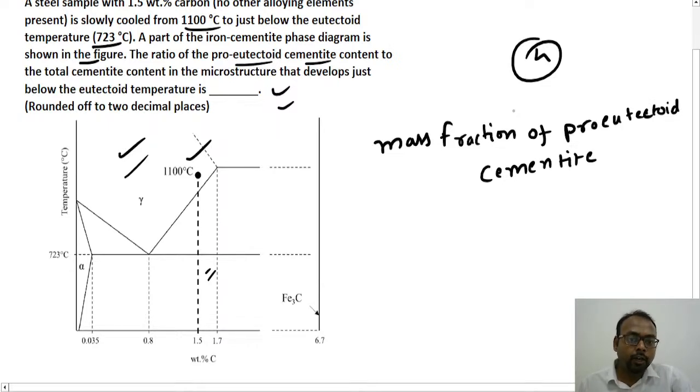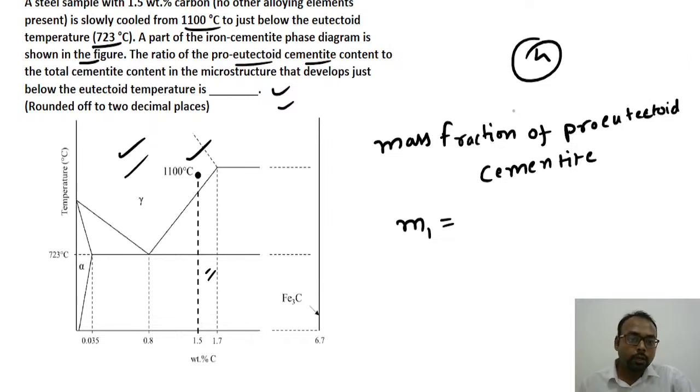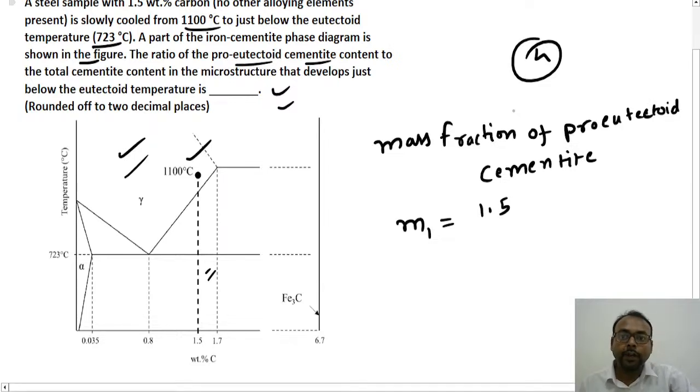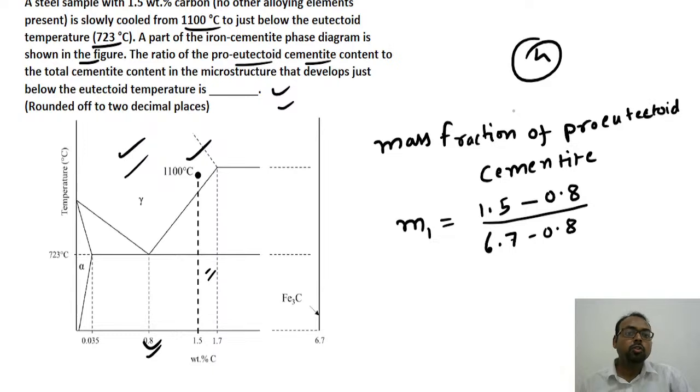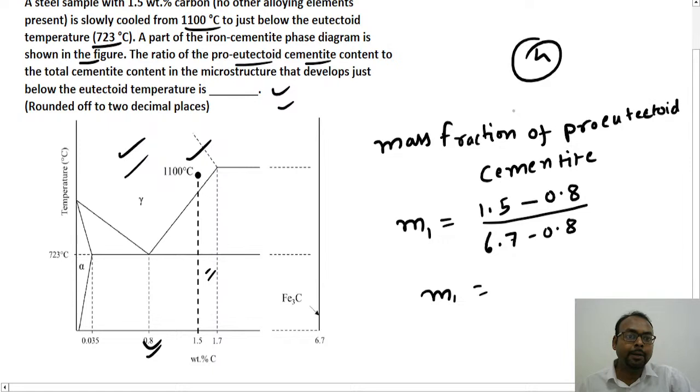And how can we find this out? We will call this m1. So m1 will be equal to what? 1.5, that is the weight percentage of carbon that we have been given, minus 0.8, that is the eutectoid composition, divided by 6.7 minus 0.8. So this will give you the m1 value, that is the mass fraction of the pro-eutectoid cementite.